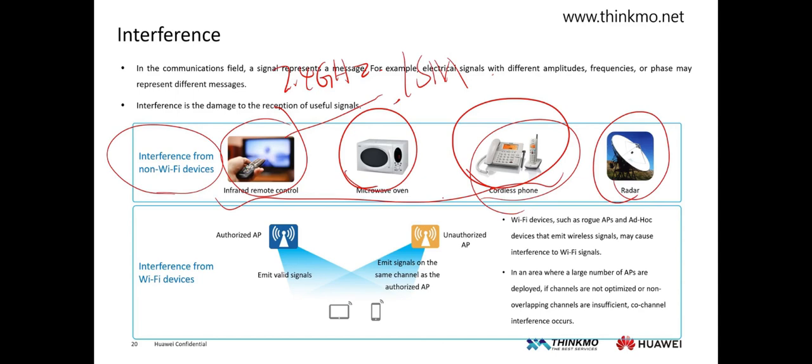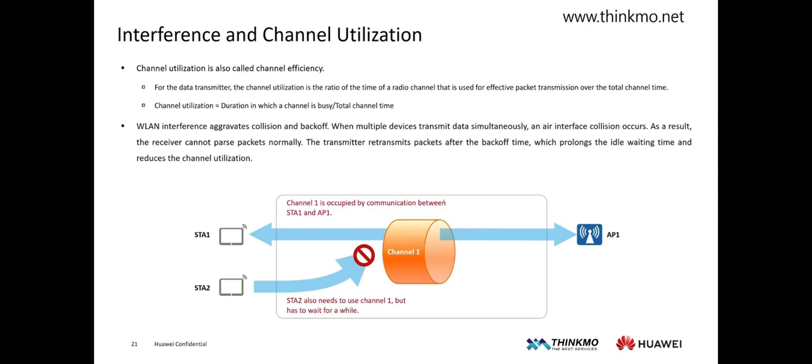Afterwards, let's take a look at what might appear amidst interference. When mentioning interference, we have to talk about channel utilization. First, it's important to clarify that the concept of channel utilization in WLAN is different from that in the data communication field. In data communication, we often talk about bandwidth utilization, for example, 100 or 1000.